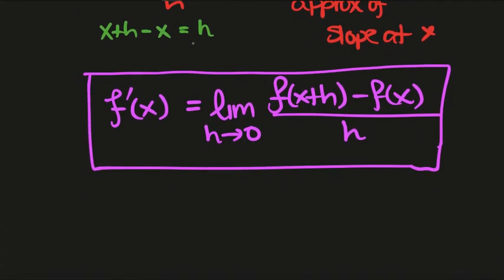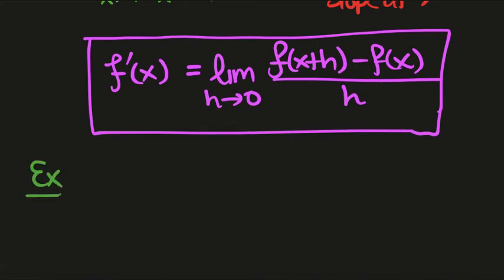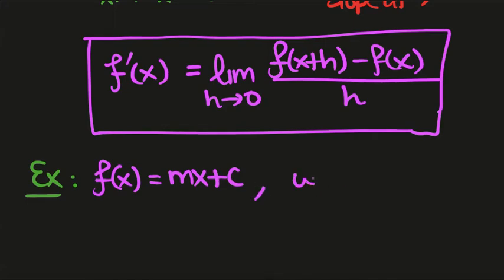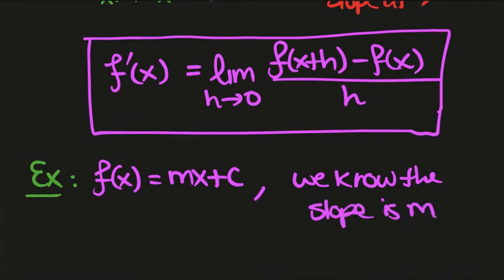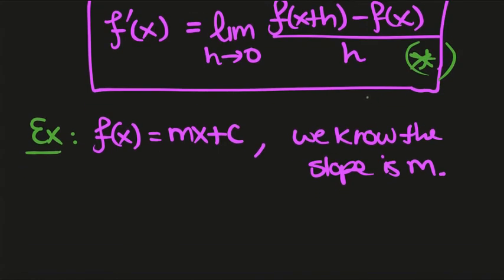Let's rush through an example to see if this idea makes sense. Consider the case when f of x is equal to mx plus c. Then we already know the slope is m. Let's check what happens if we plug it into this formula.